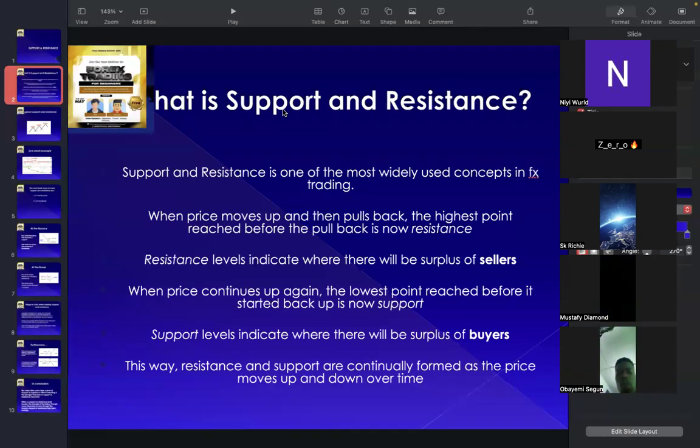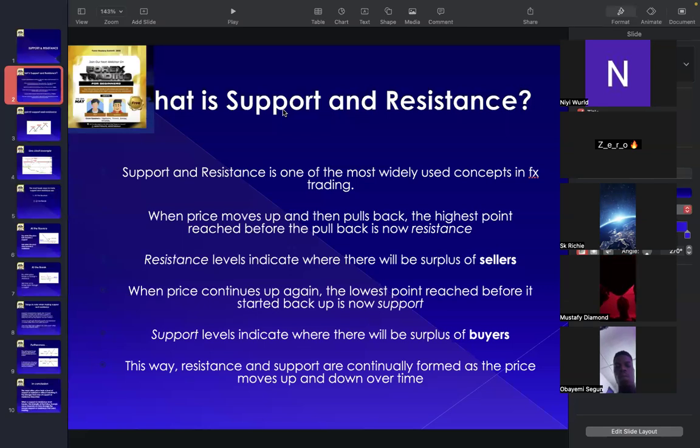I'm going to show you the example on the live chart so you can understand.